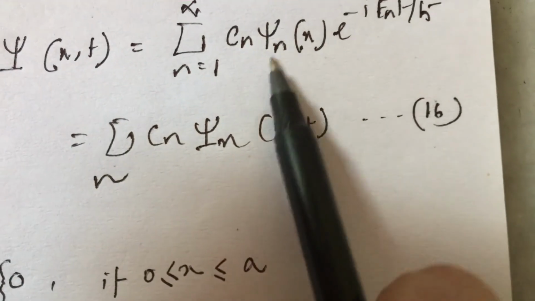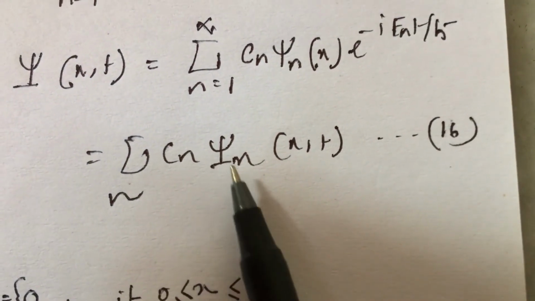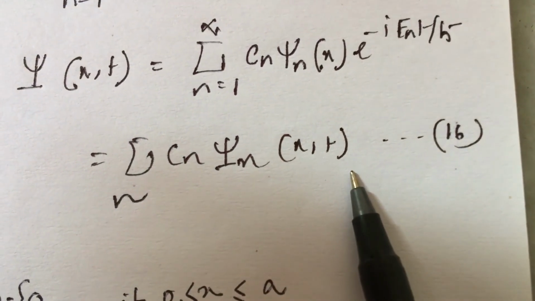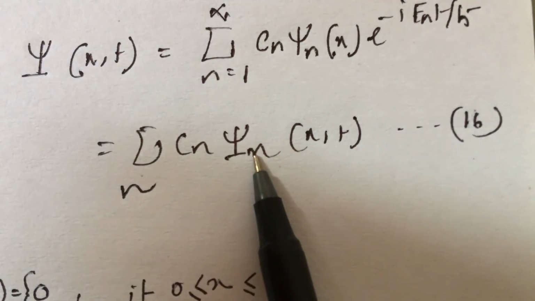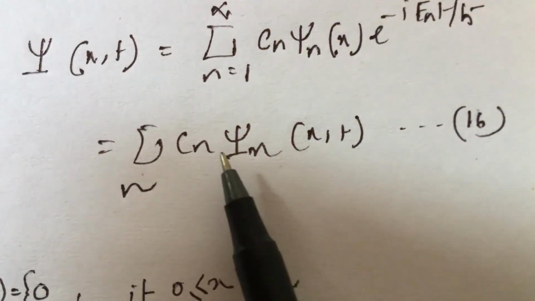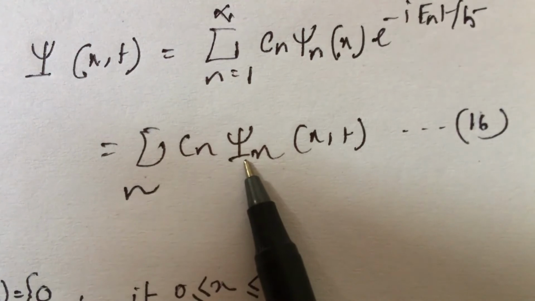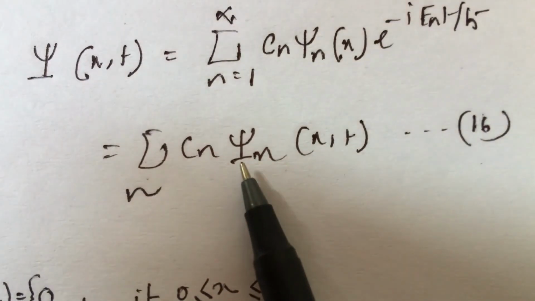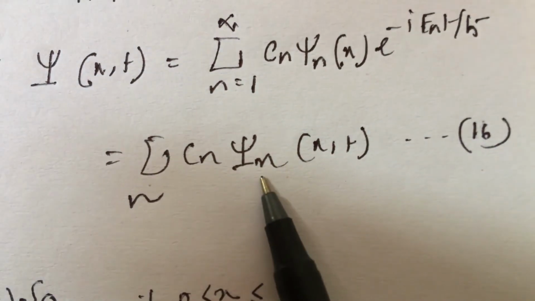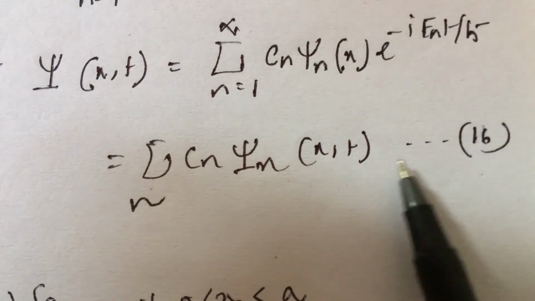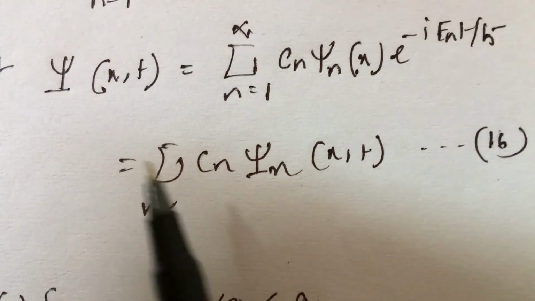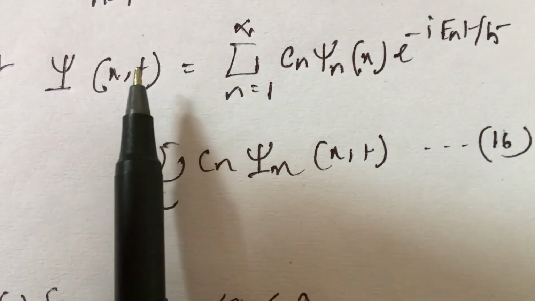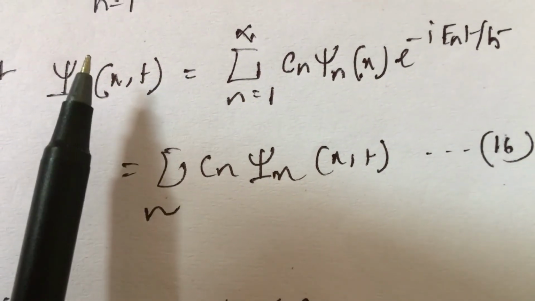This is nothing but psi_n(x,t). So for each value of n, I will get a wave function capital Psi, that is capital Psi1, capital Psi2, capital Psi3, etc., for a subsequent time t, and I will get the general solution at a subsequent time small t.